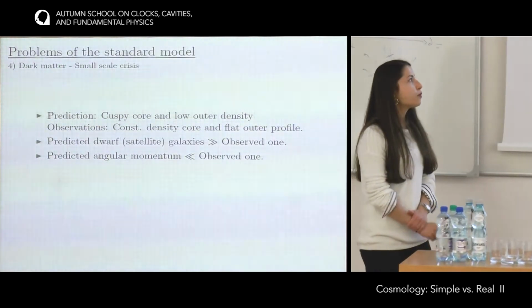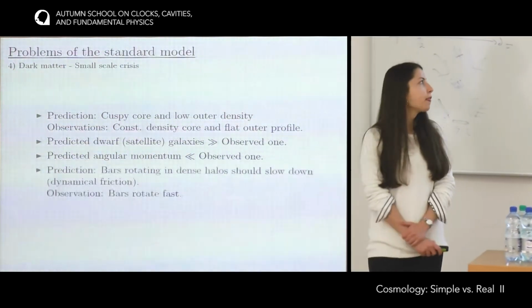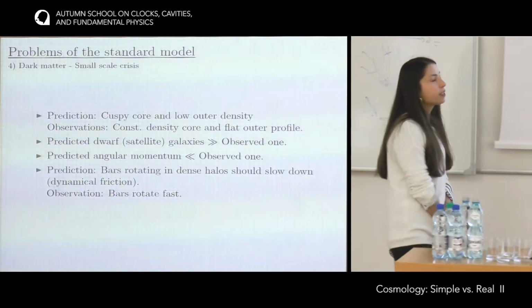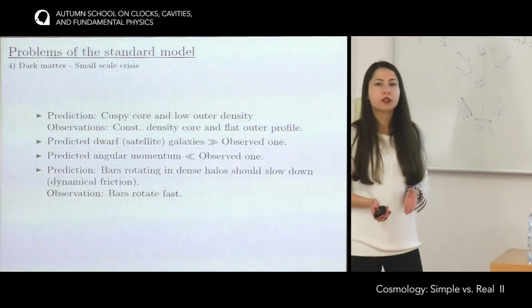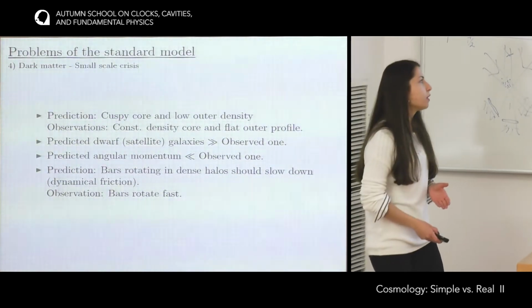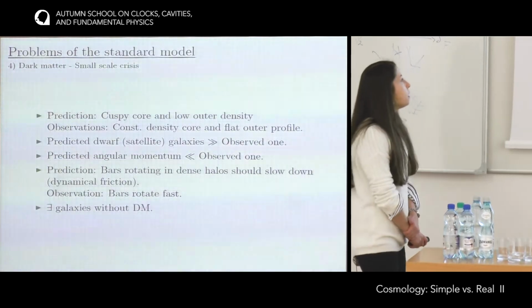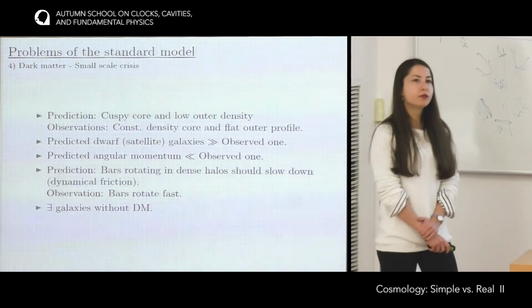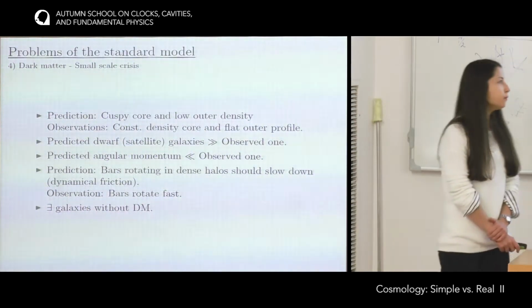And the predicted angular momentum is much smaller than the observed one. And the prediction says the bars rotating in the dense halos should slow down due to dynamical friction, but that's not what we observe. Bars rotate quite fast, actually. And there are galaxies without any dark matter at all, and that was pretty puzzling for some people.